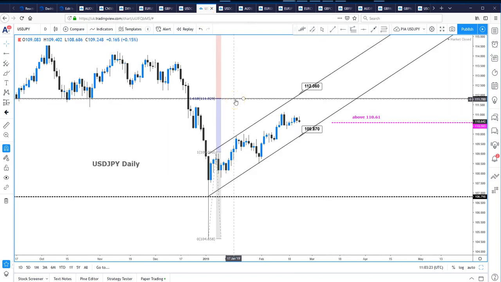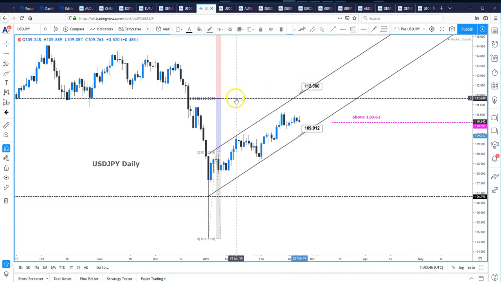Dollar yen, again, very mixed trading, closing with mild ranges for the majority of last week. It's got to stay above 110.61 early on Monday to keep the bullish bias alive. Really, buying dips down towards the trend line.